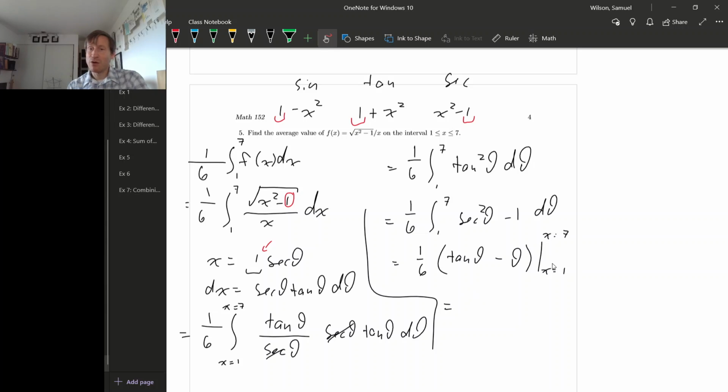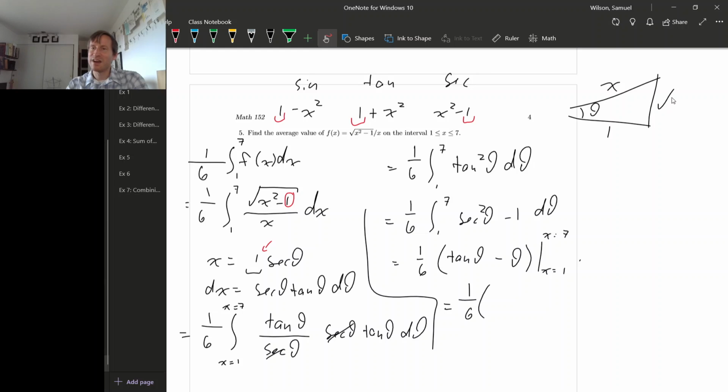So if we aren't willing to translate the bounds into theta values, we have to translate the thetas back into x's. So 1 over 6 times tangent of theta, let's see, so we need a right triangle for that. If secant of theta is x, so here's theta, to make secant of theta be x, we need an x on the hypotenuse and a 1 on the adjacent side.